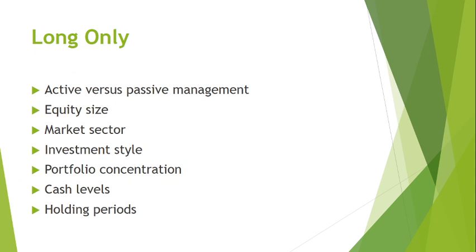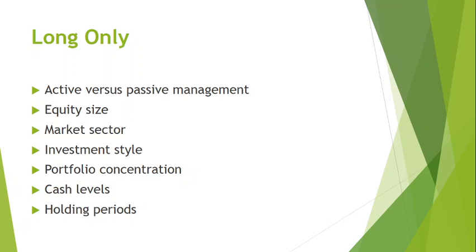The first one is long only. This is one type of equity portfolio management strategy. This strategy is what most people think of when investing in equities. It is when you buy shares with the intention of profiting from an increase in the share price and/or payment of dividends.